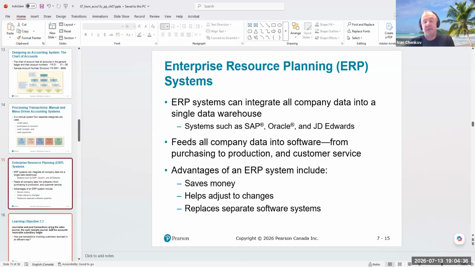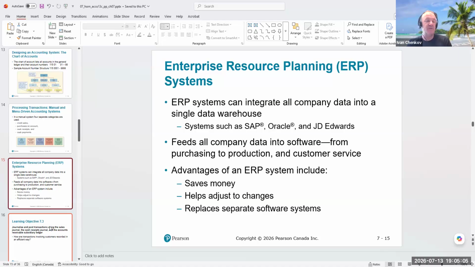Enterprise resource system is a complicated system that includes not only the accounting, but everything else in the company. In one place, it integrates all the company data and company information. Examples of an enterprise system can be SAP, Oracle, JD Edwards. An enterprise resource system can be Sage 300.